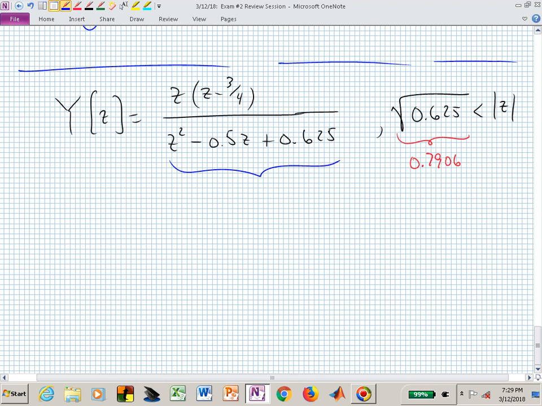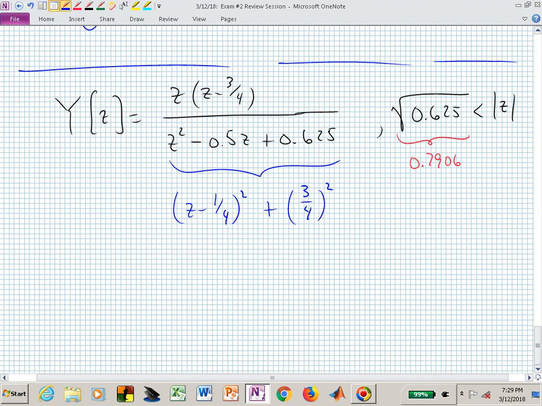That actually has complex roots. And we know that the real part doubled is 1/2. So we now know that this is z minus 1/4 squared plus 3/4 squared.